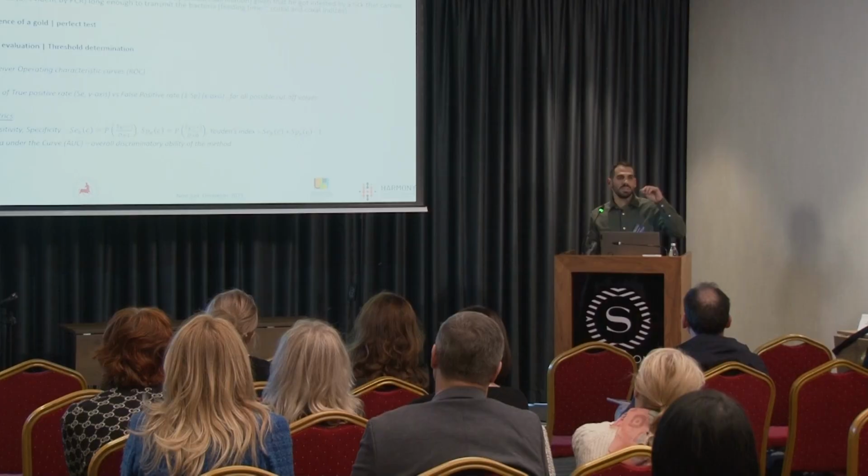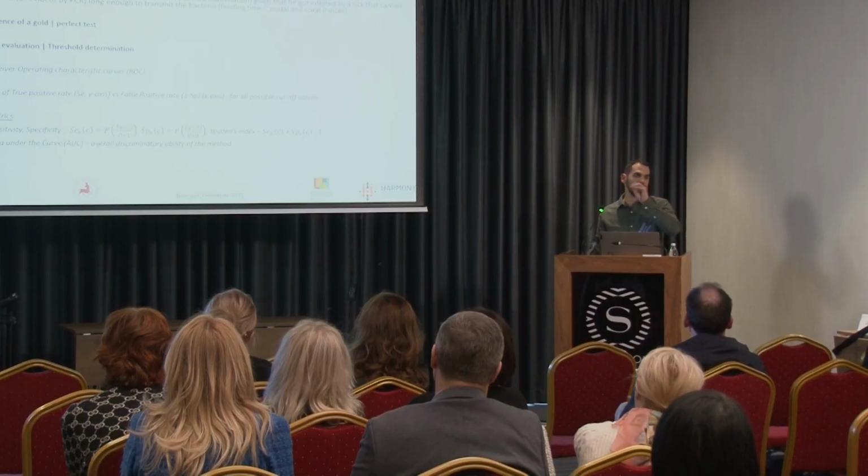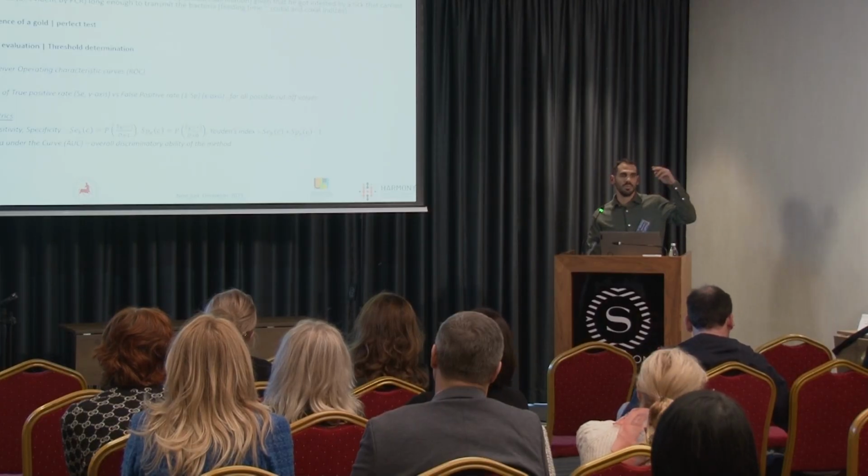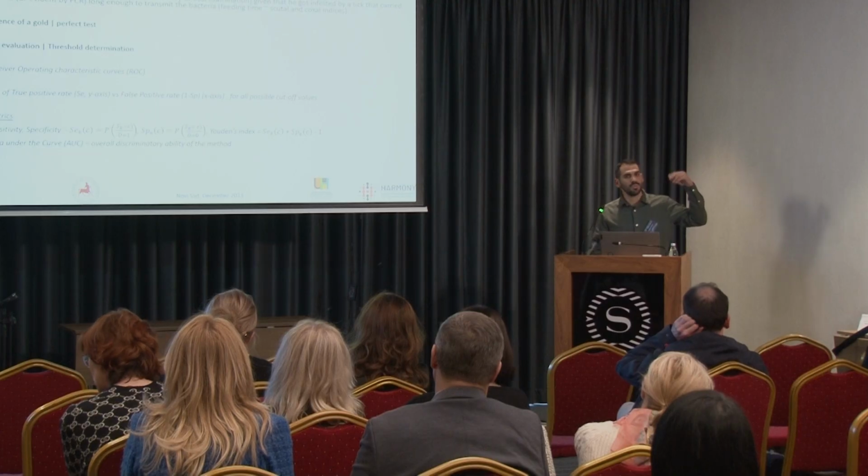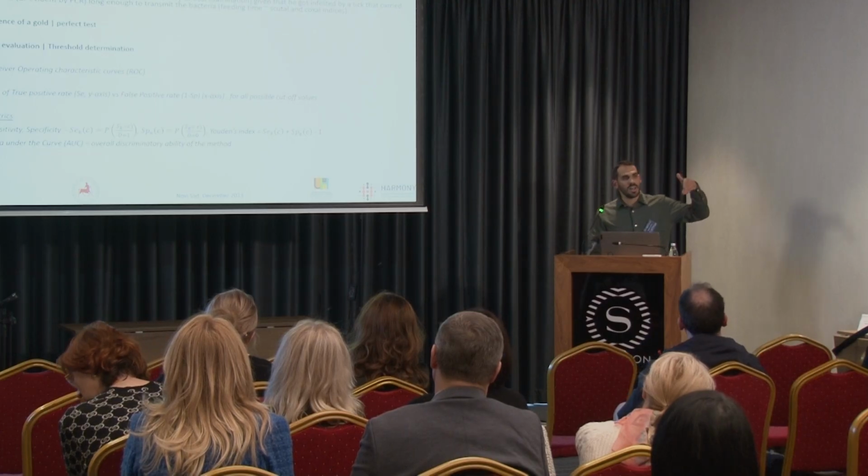So we start by saying what would be the sensitivity and specificity if we have a cutoff value at 0. Then we go by 0.1, 0.2, 0.3. So at each cutoff value, we estimate the sensitivity and the specificity. And we use the value that maximizes the sum of sensitivity and specificity in order to find the optimal cutoff.